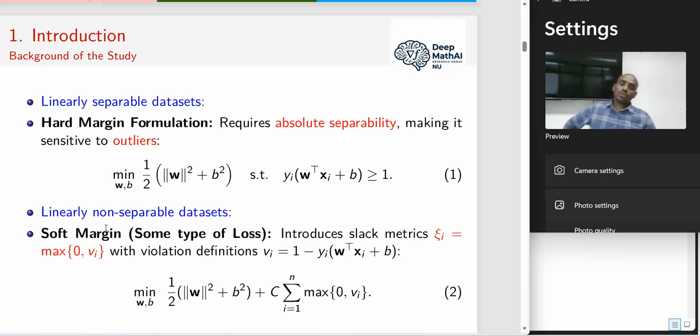But most of the data sets in real life are not linearly separable, and in this case we accept some misclassification errors, and in the presence of misclassifications we choose the best hyperplane which separates the data sets into the two classes. And this is called the soft margin.